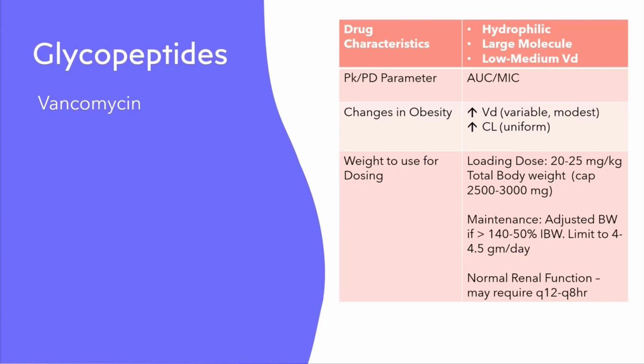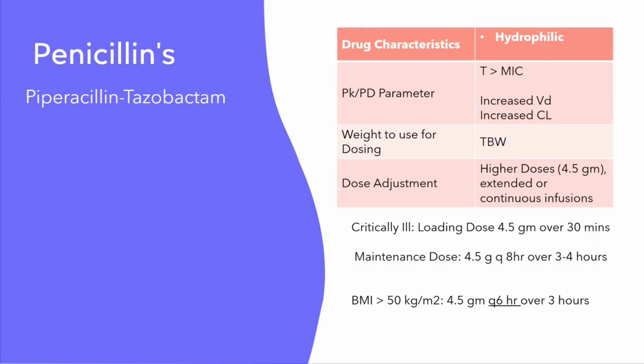If you have an obese patient that does have normal renal function, you probably still need Q12, sometimes Q8 hour dosing in these patients just to maintain those AUC concentrations.